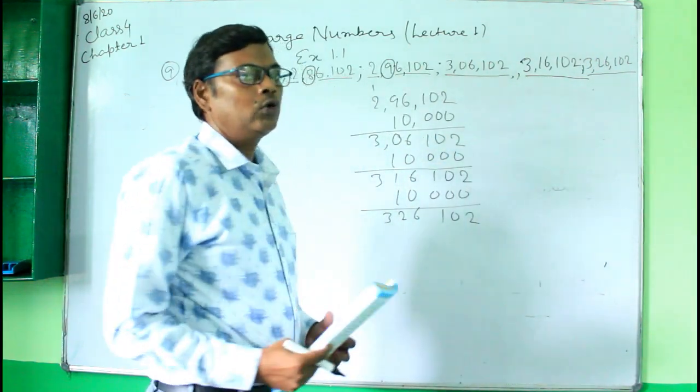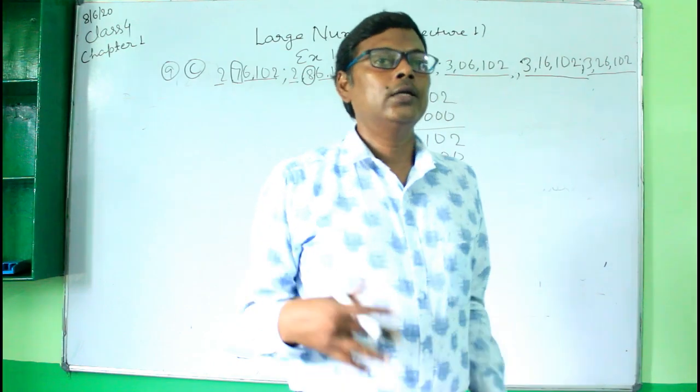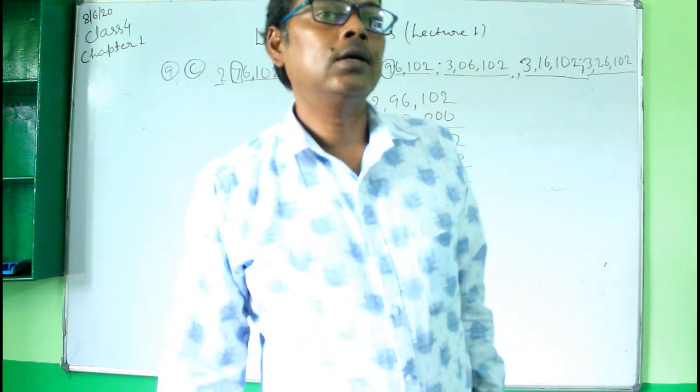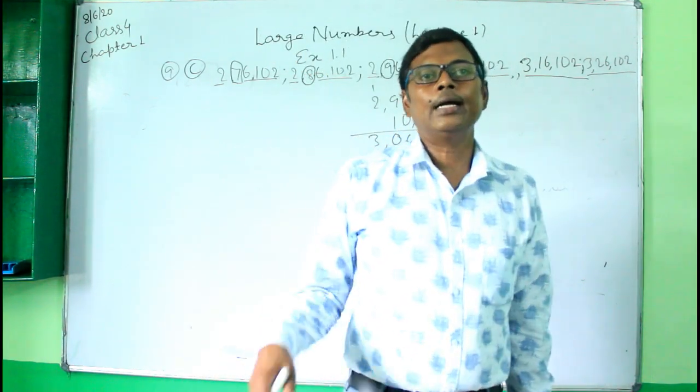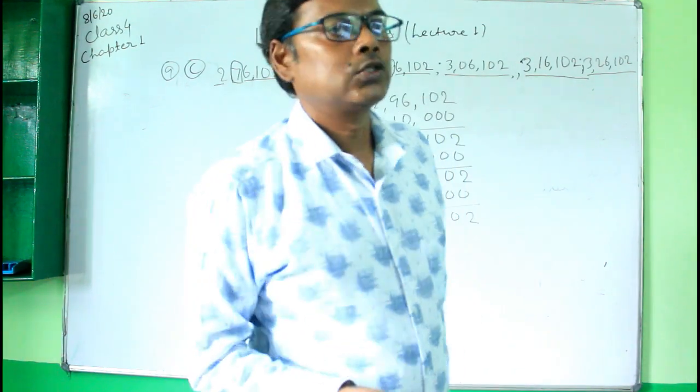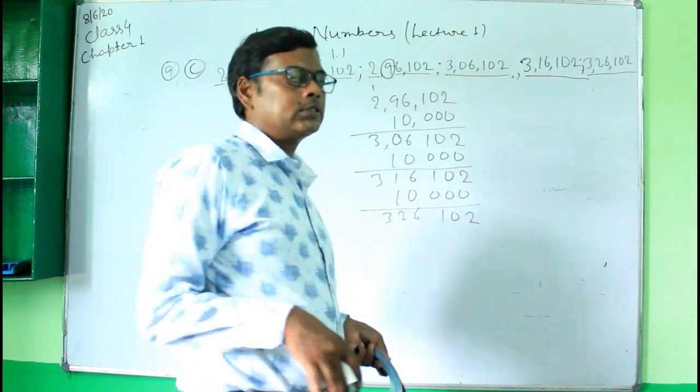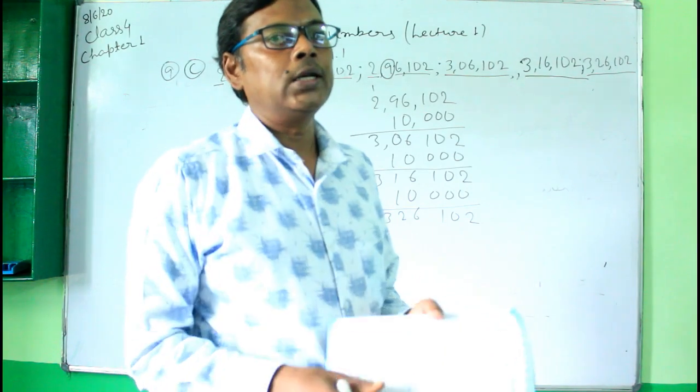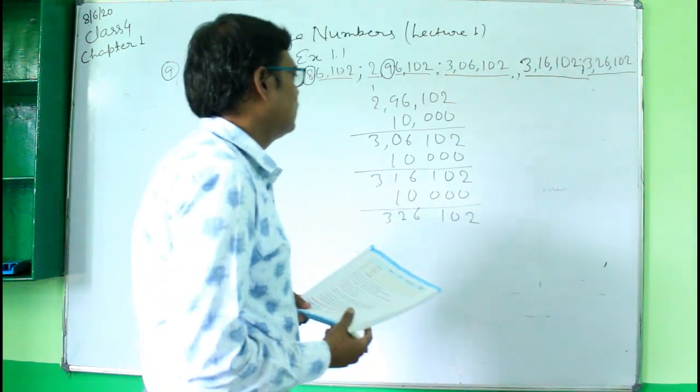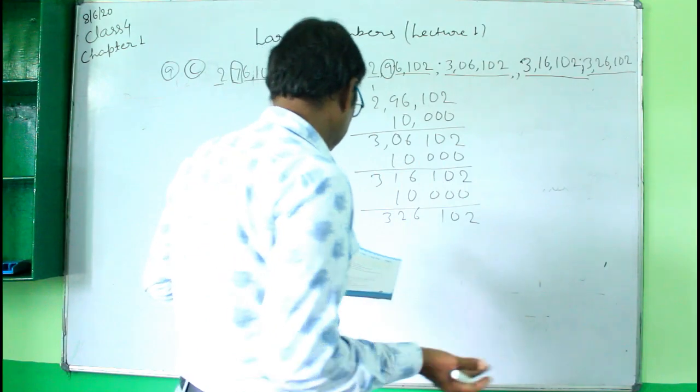When you observe the pattern carefully, you can easily find out the next number, and the next, and so on. So you must observe the pattern first, and then it will be very easy to fill the blanks.